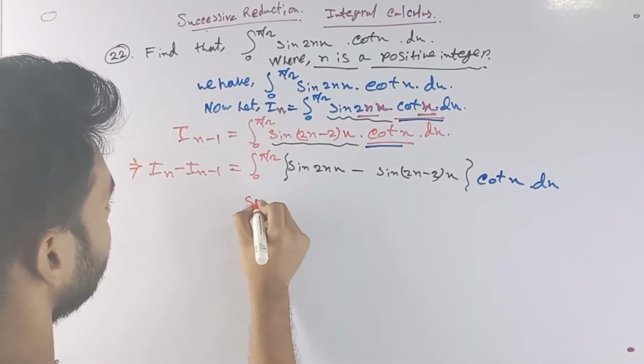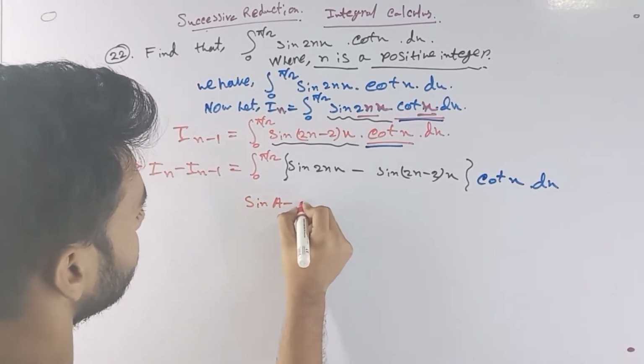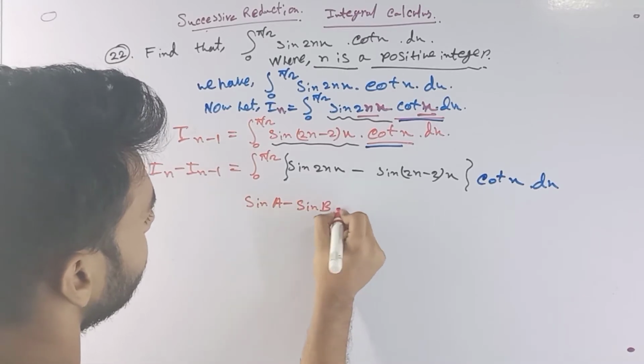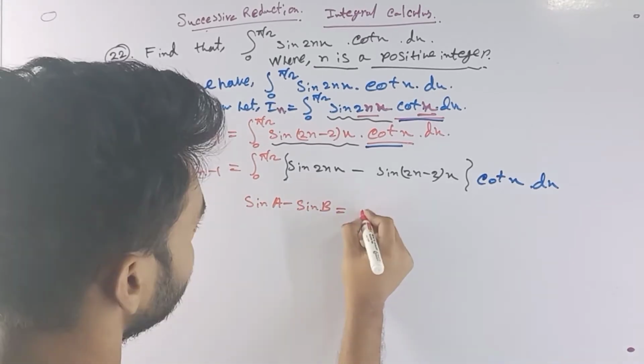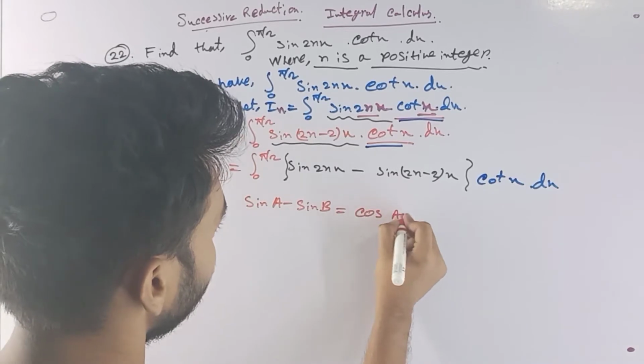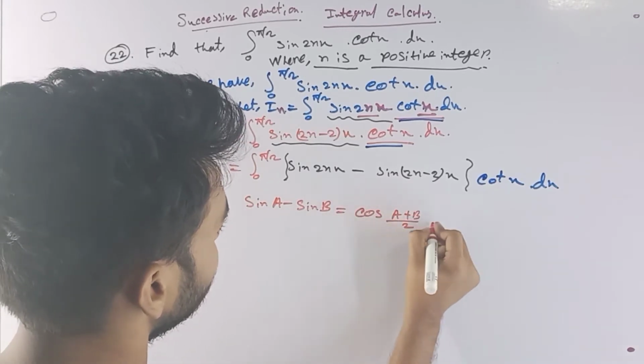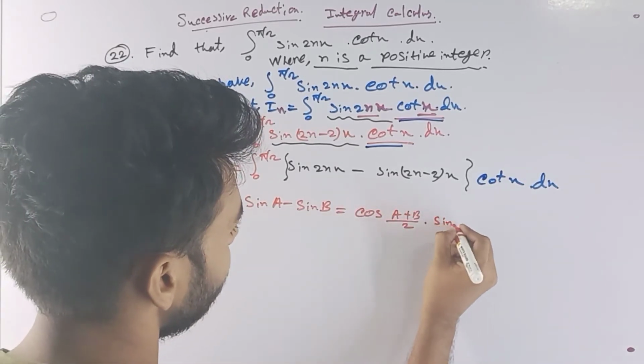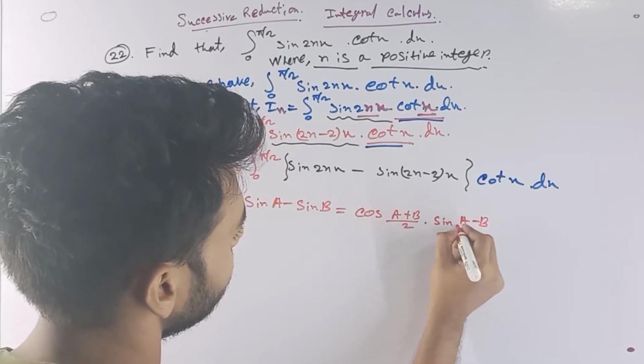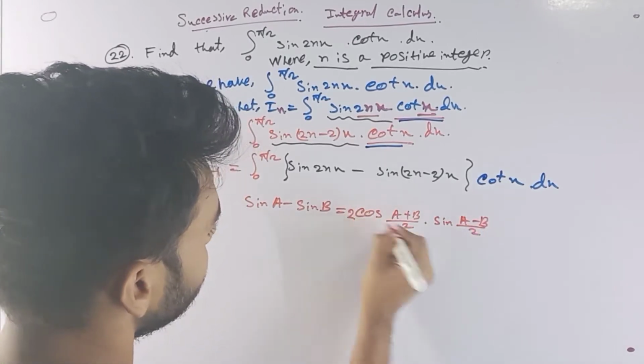Here, sine A minus sine B equals 2 times cos of (A plus B) by 2 times sine of (A minus B) by 2.